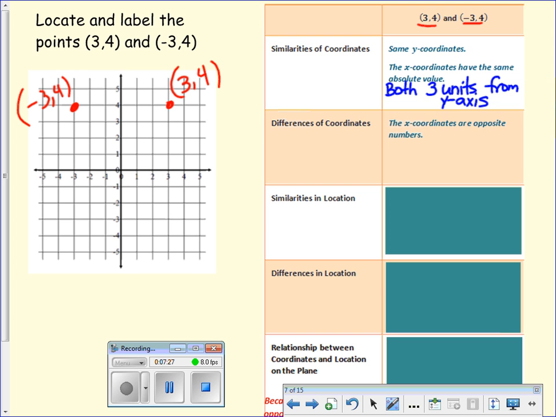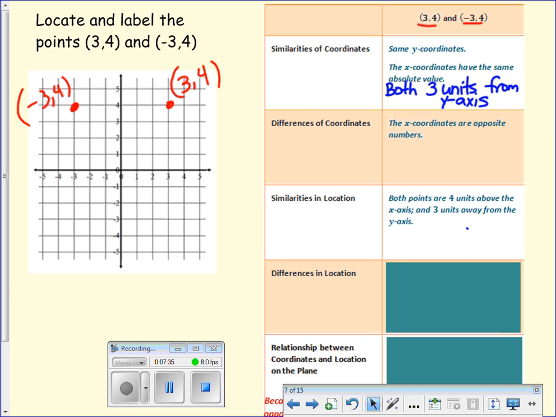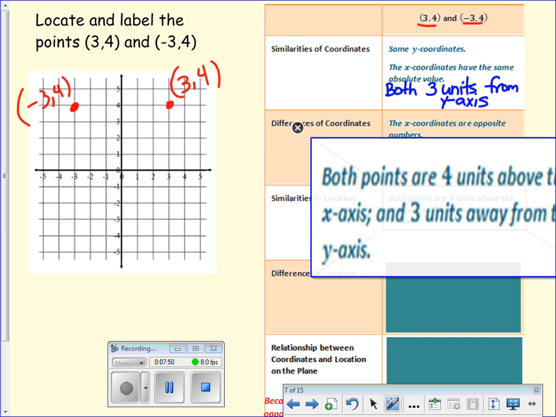Now we're going to look at how their locations are similar, meaning where we would find them if we had to give directions. Both points are 4 units above the x-axis, and they're both 3 units away from the y-axis. Look at the extra detail in the answer.